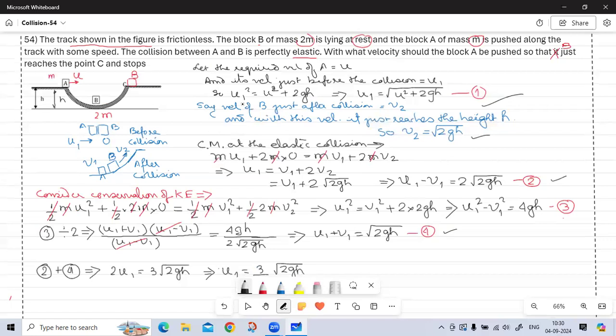It was u1 square equal to u square plus 2gh. So this is u1 equal to under root u square plus 2gh. This is from relation 1.